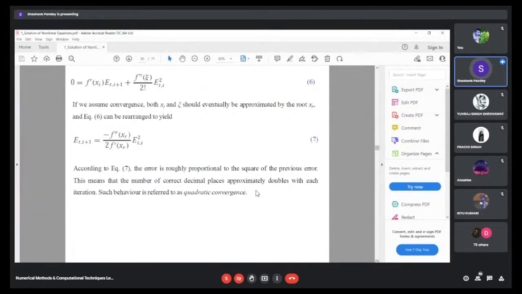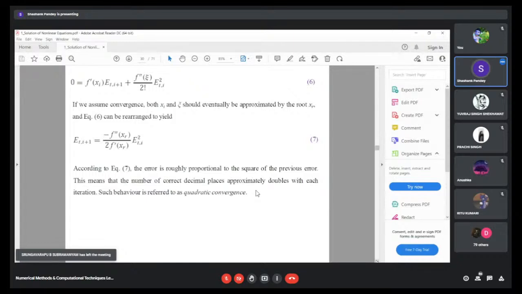On rearranging equation 6, you can see that the error is expressed in terms of the error in the previous step.